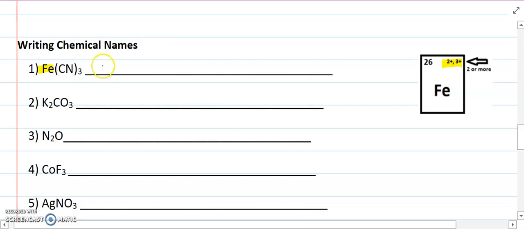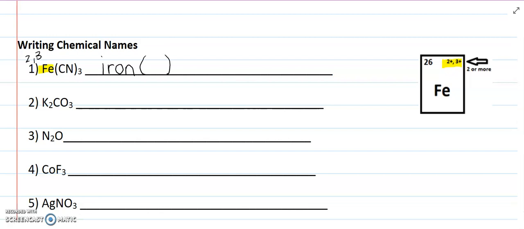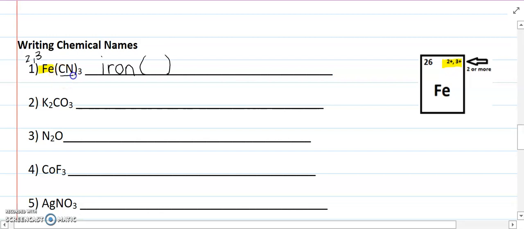So when I write the name iron, and I can just write iron just the way it is, I have to include parentheses, and I have to put either a Roman numeral 2 or a Roman numeral 3 in there to be able to tell me which charge it actually is. Now, my ionic compounds can be paired with a single nonmetal or two or more nonmetals that are paired together.